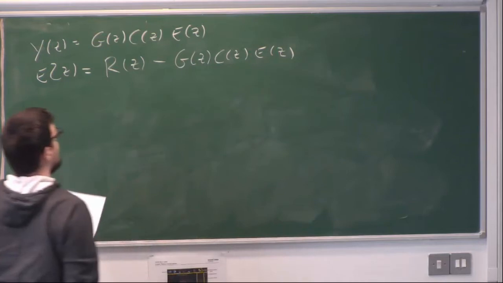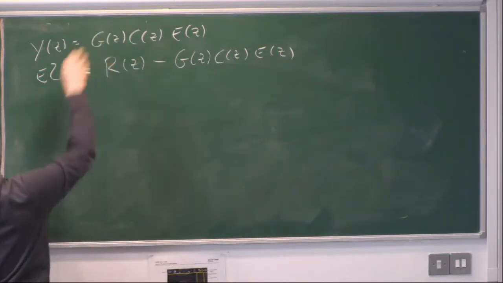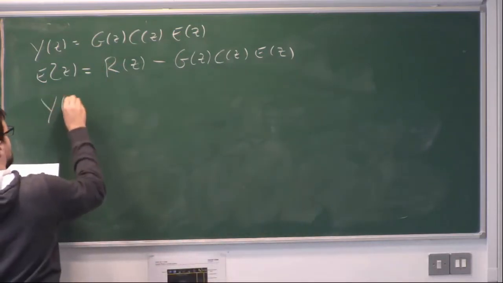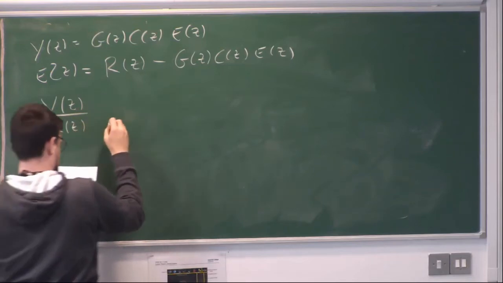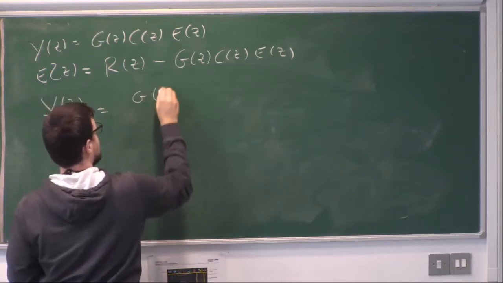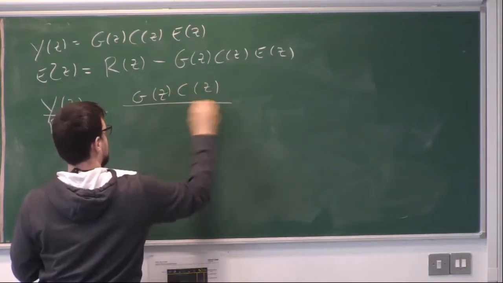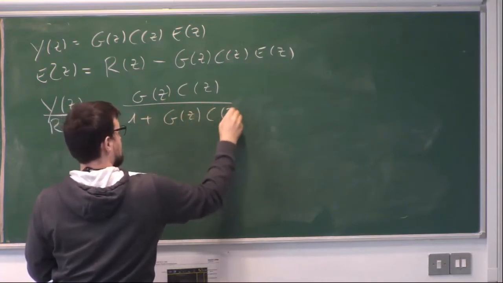Okay. Now we solve this with respect to e, and then we replace it in y, and what we obtain is that the transfer function y of z over r of z is equal to g of z times c of z over 1 plus g of z, c of z.